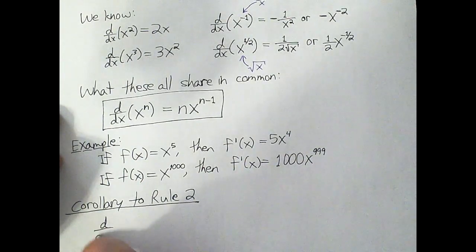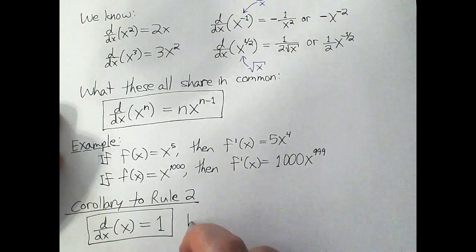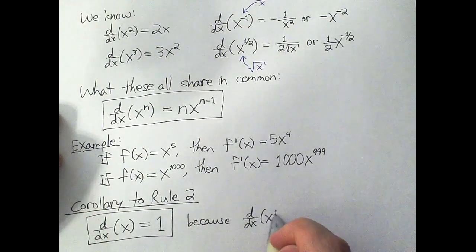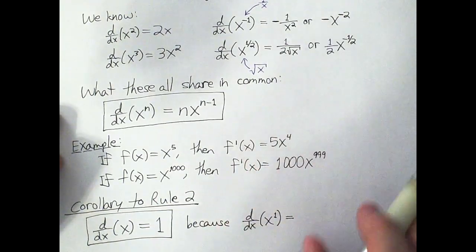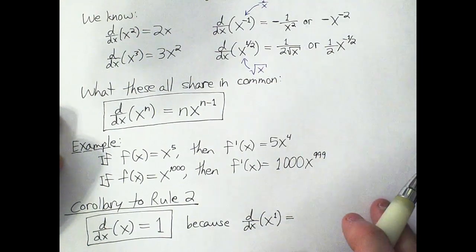is that d dx of just x equals 1. Because you could apply rule 2 to x to the 1. Rule 2 says that this is true for any n.